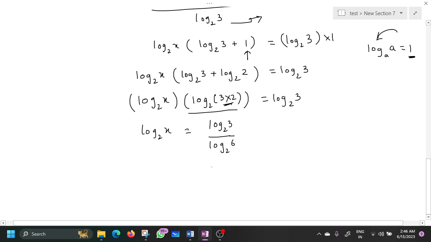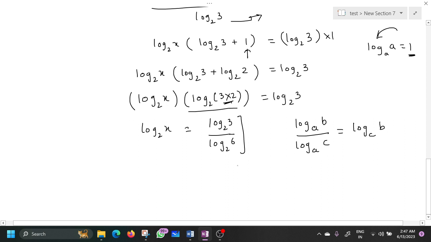So what to do now? Again I am going to use the property of changing the base. We know that log base a of b upon log base a of c is equal to log base c of b. I have already discussed this property.